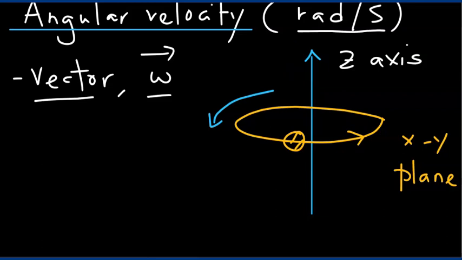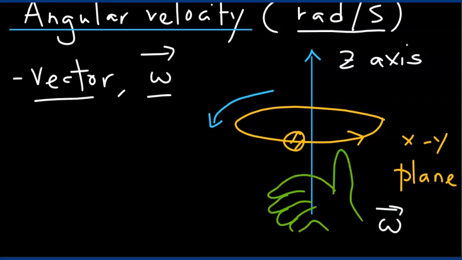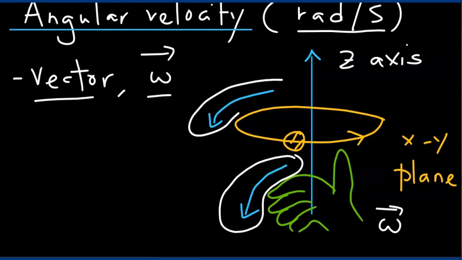The direction of angular velocity for an object such as this one is given by the right-hand rule, as shown in the figure. If you curl your right-hand fingers in the same direction as the direction of motion of that object, then the direction of your thumb defines the direction of the angular velocity.